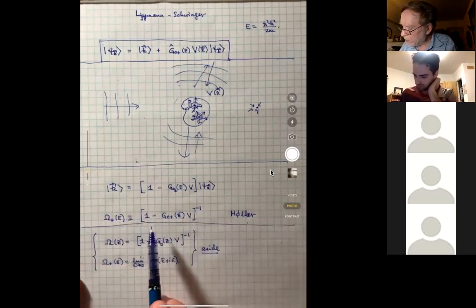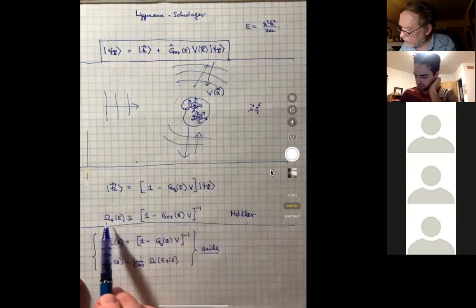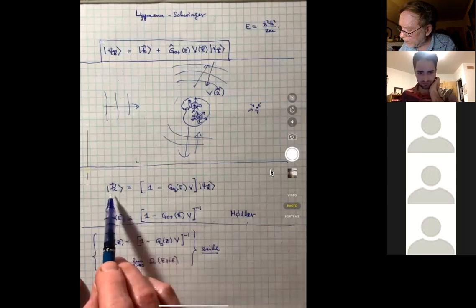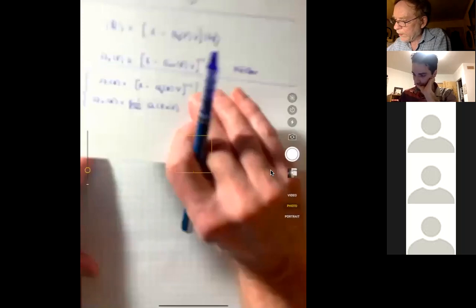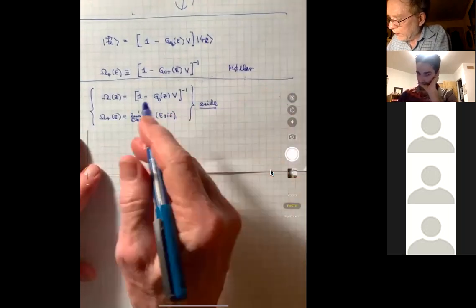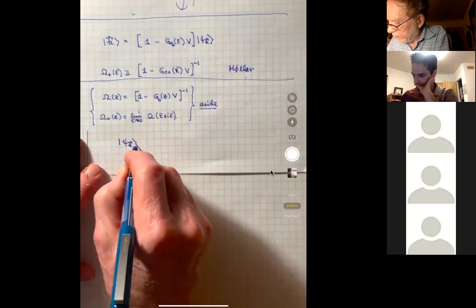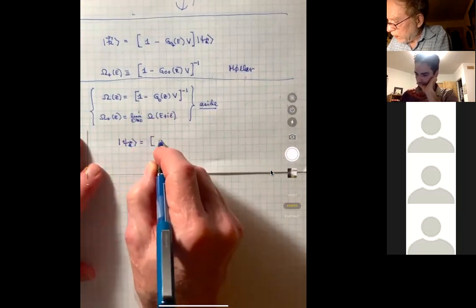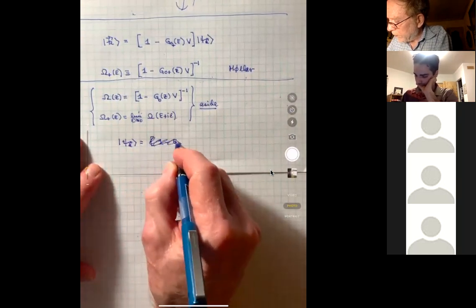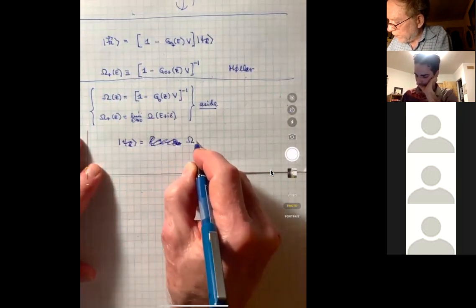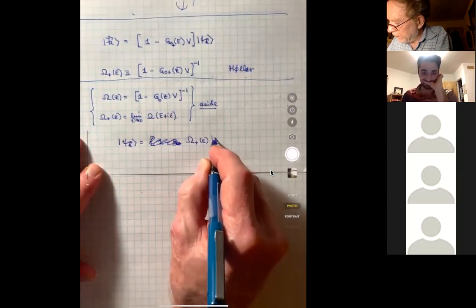So what we see is that if I can evaluate this inverse to get this Møller wave operator, I've got something that maps the k into the psi. So let me write it out this way: psi sub k is equal to omega plus of energy E acting on phi, acting on k, the plane wave k.